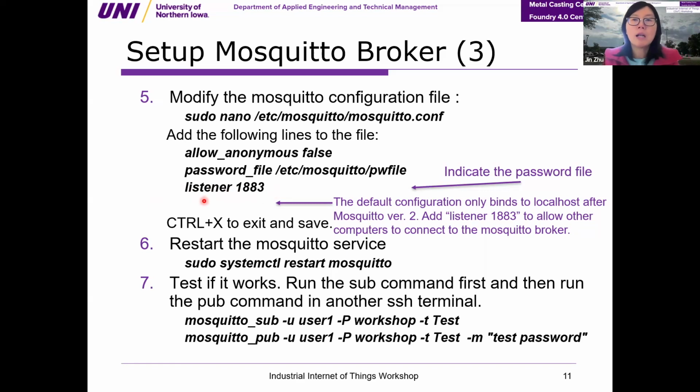That will allow the user, not only locally but remotely, for example your computer, to be able to access your Raspberry Pi. By the way, before you modify this configuration file, you need to stop the service.